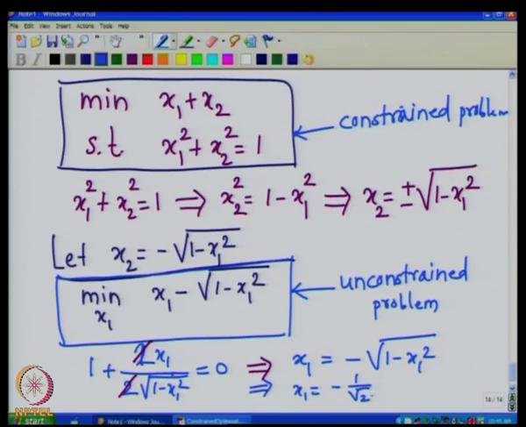If we substitute this value of x1, we get x2 is equal to minus 1 over root 2.